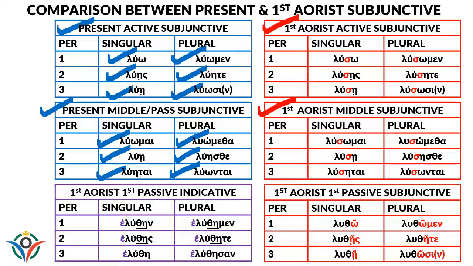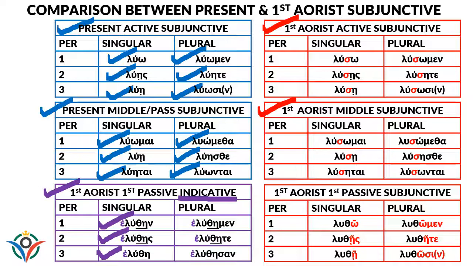However, the first aorist passive forms are not characterized by the tense formative, the sigma, as we're going to see. So what I'd like to do now is first remind ourselves of the first aorist passive indicative forms. So let's go through these forms together very quickly. The singulars, we have eluthen, eluthes, eluthe.